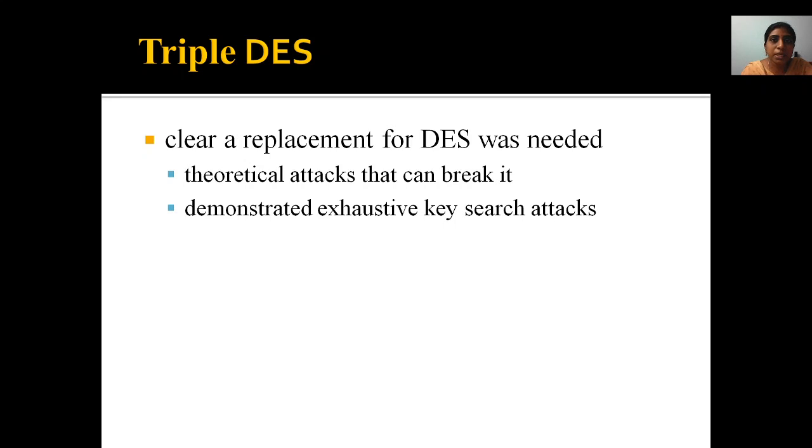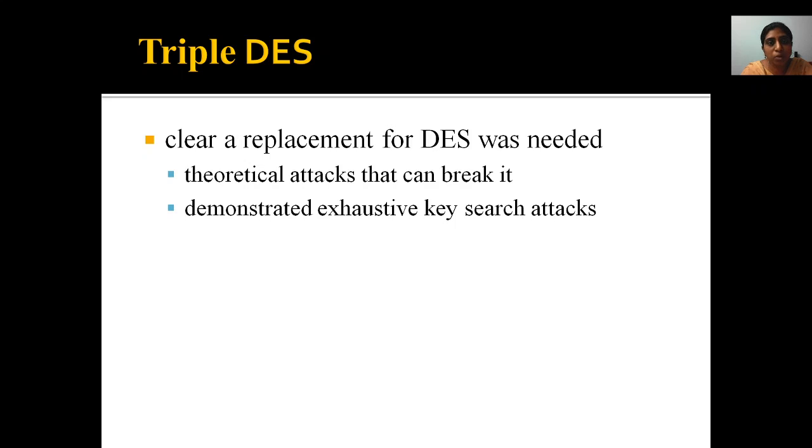Even though DES has the strength of a 56-bit key and is not vulnerable to brute force attack, there were still certain disadvantages in the round functions, like whenever you use the same key for the S boxes, the output may show some weaknesses. So there are certain weaknesses in the round function which may lead to multiple DES.